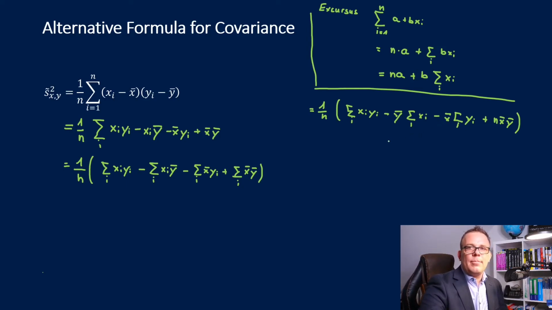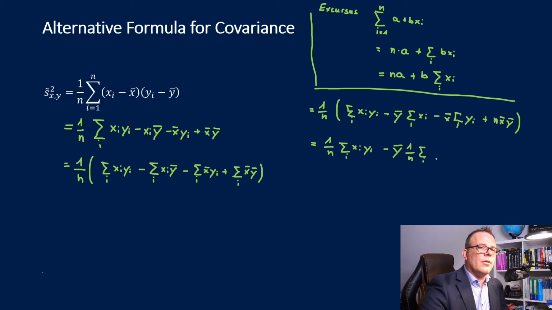And now we multiply out the brackets. So 1 divided by n times the first term, minus, and I put this y bar in front, 1 divided by n, sum across all i, xi, minus, I put the x bar in front, 1 divided by n, sum across all i, yi, and plus n times 1 divided by n, x bar, y bar.